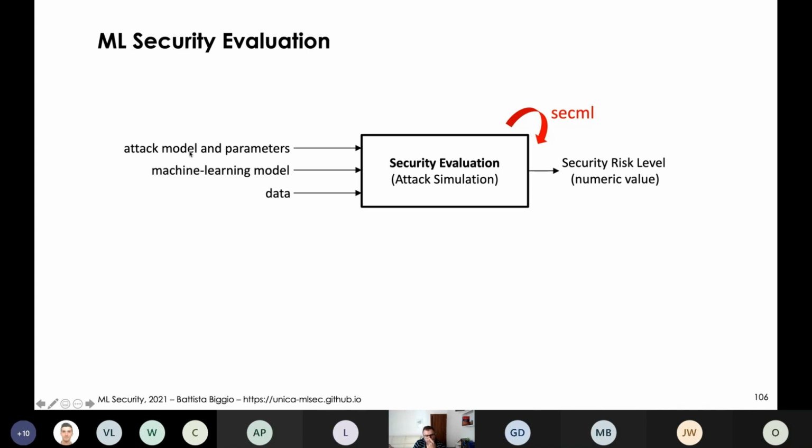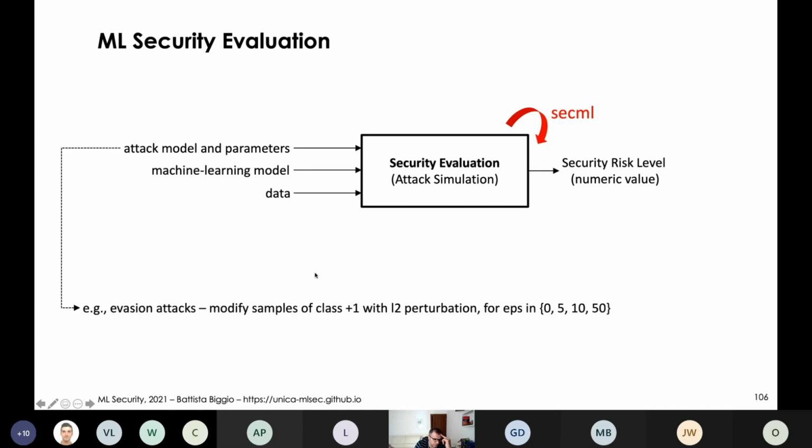And then you can also specify as inputs which kind of attack you want to test and what its parameters are. For instance, you can say, I want to modify the malicious samples of this class with this kind of noise, for instance, L2 perturbation in different ranges.